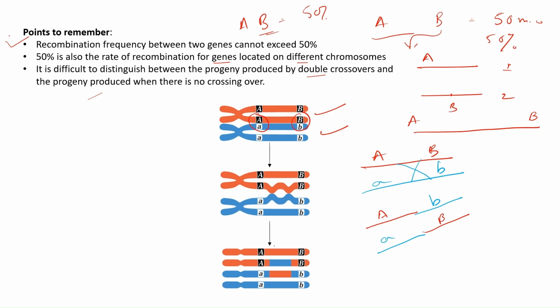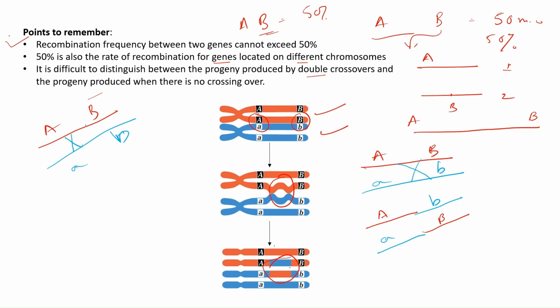But what is happening in double crossover? As we can see here in the center, the crossing over is taking place two times between the two genes A and B. Because of this, the central blue and the red part got interchanged. This is our homologous chromosome.